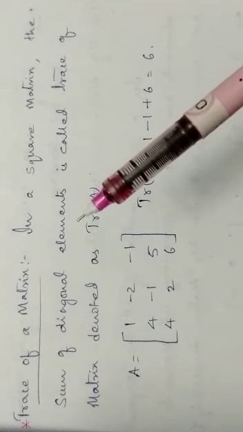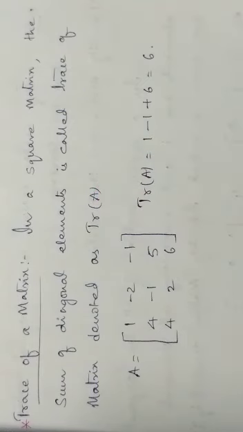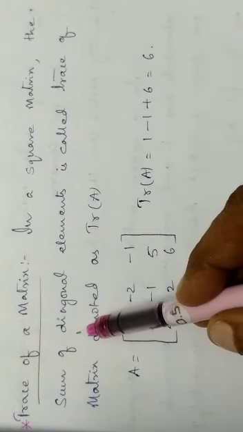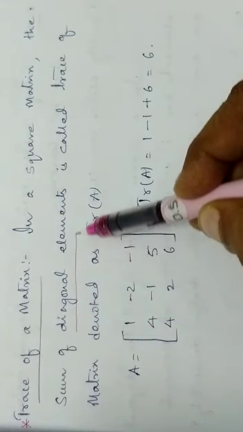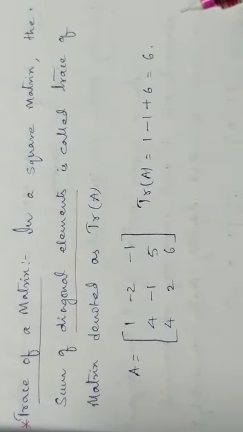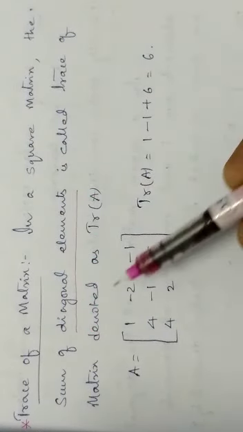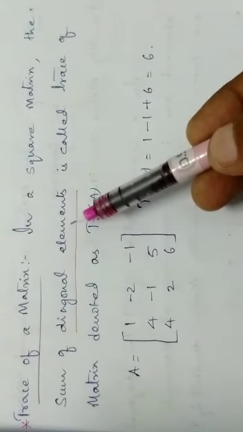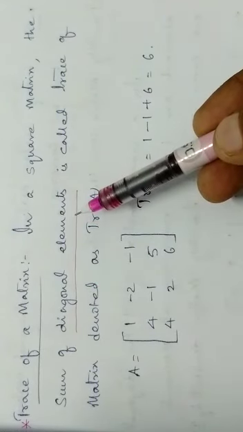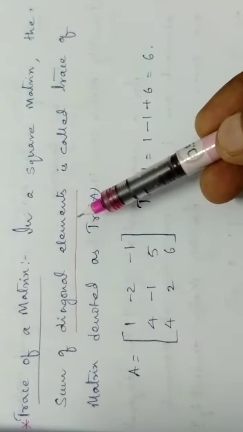See here, in the previous definition of diagonal elements, we discussed that diagonal elements exist only for square matrices.